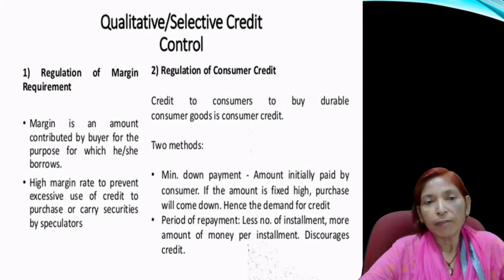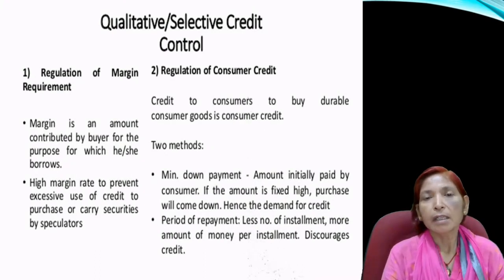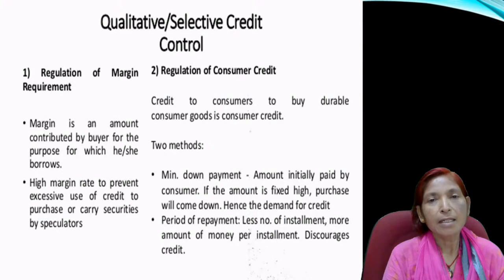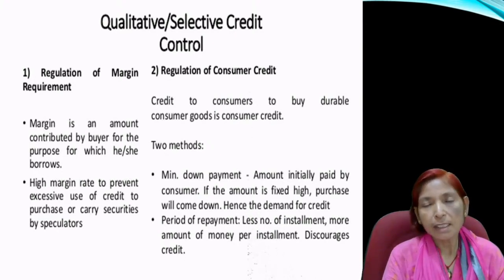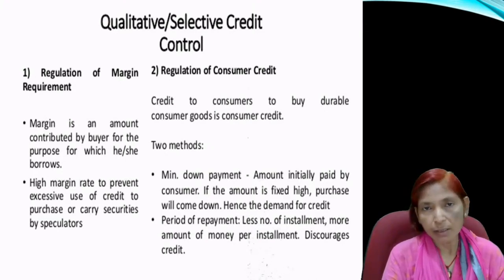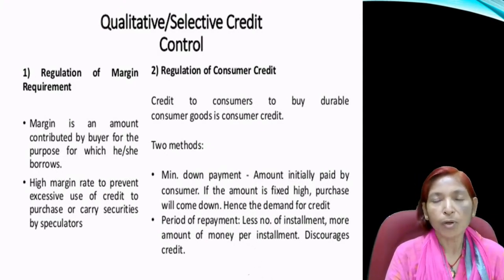If RBI fixes a maximum quota of the credit, then borrowings will decrease, demand will decrease, purchasing power will decrease, and inflation will be controlled. And if there is no restriction, no limit on the amount of borrowings, then credit will increase more. Next is moral suasion.